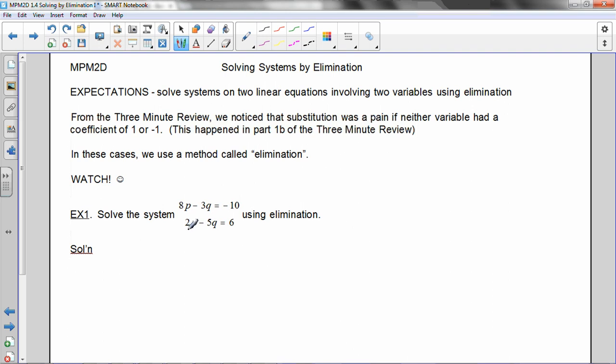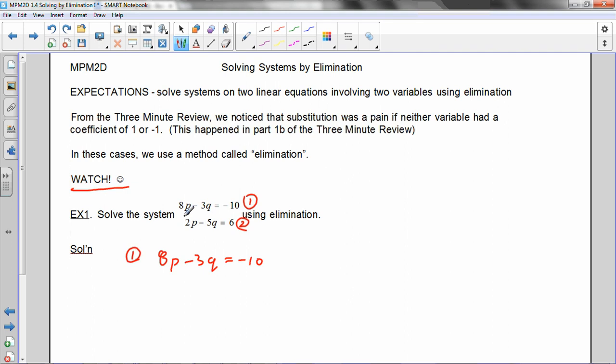What we'll do is we'll basically get the coefficients to line up even though they're not ones and -1s. Watch. So I'm going to call this equation 1 and call this equation 2, and I'm going to write down equation 1.